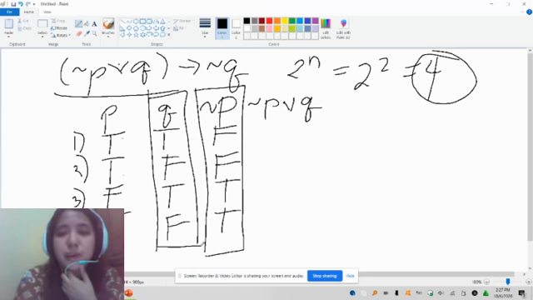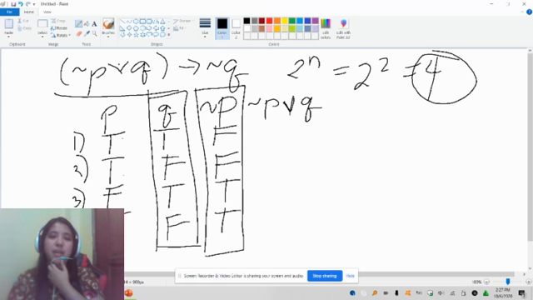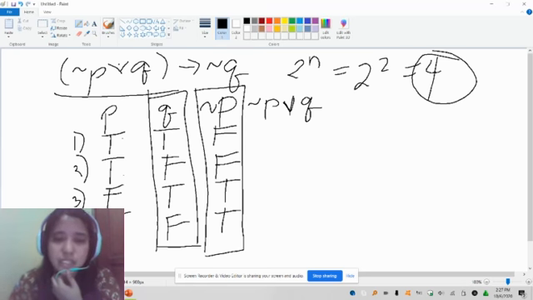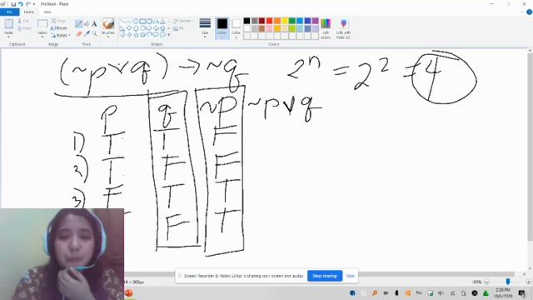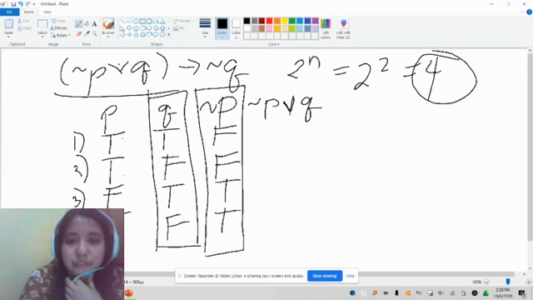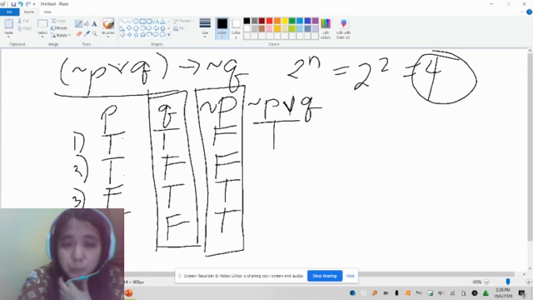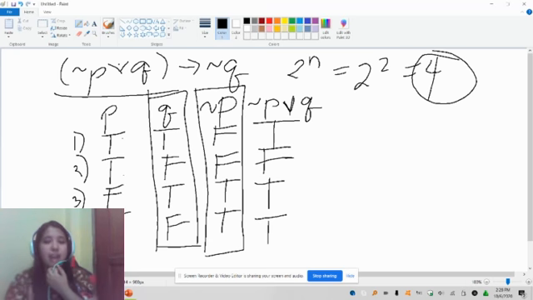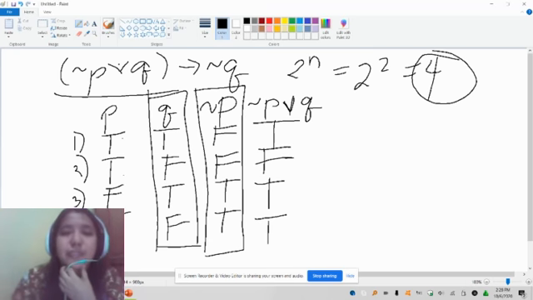The rule for OR is that if both propositions are false, that's the time that the compound connective is also false. So TF is not both false, so this is true. F and F are both false, so this is false. And all others that are not both false are true. So we have T, F, T, and T.